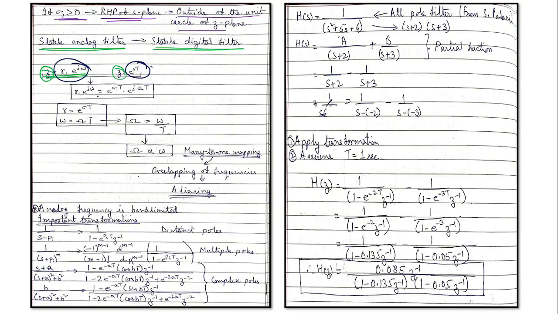While equating, we get R multiplied by e to the power j omega equals e to the power sigma T multiplied by e to the power j omega T. This omega is the analog frequency, right? Now by comparing the parts, we get R equals e to the power sigma T, and the digital frequency is equal to the analog frequency multiplied by the time period.